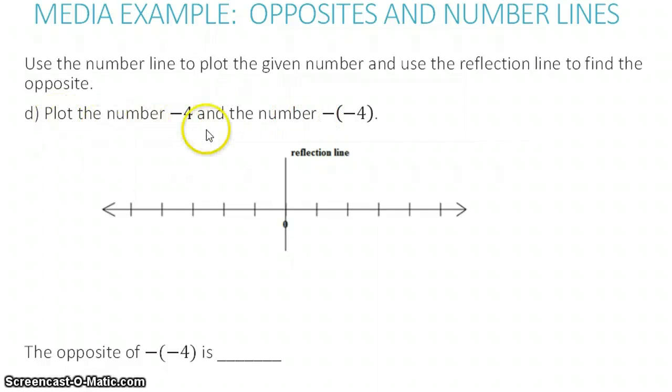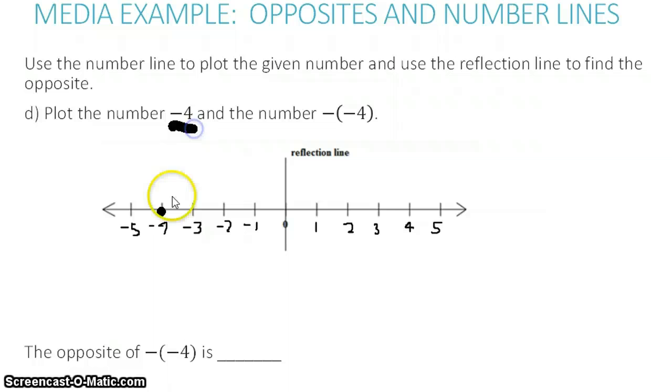Plot the number negative 4 and the opposite of negative 4. So let's label our number line. So first let's start by plotting negative 4.